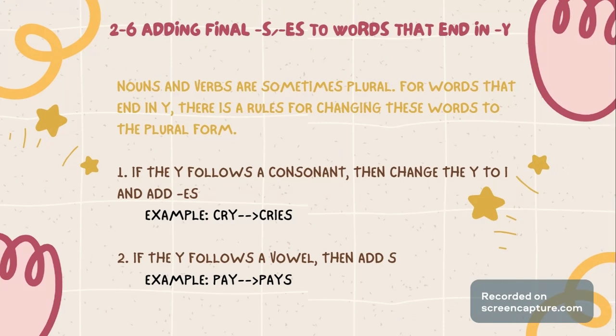For example, cry. The end of the word cry is y, so you have to change it to i and add es. So it becomes cries. And two, if the y follows a vowel, then add s. For example, pay becomes pays.